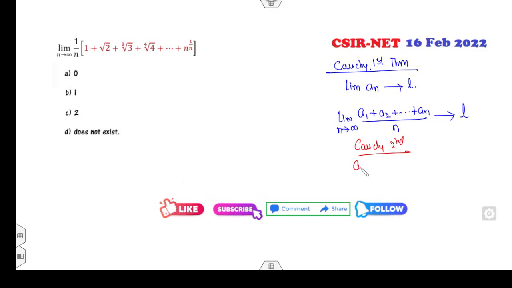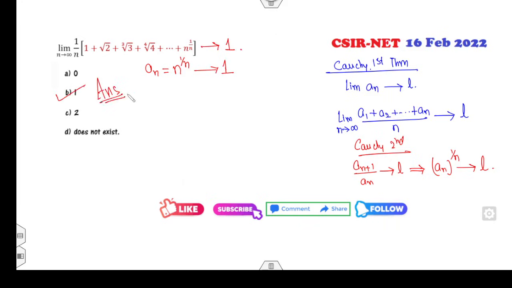If a n plus 1 over a n goes to L, that implies a n raised to power 1 over n goes to L. So what is the a n? I can choose a n is 1 over n. And what is the limit as n approaches infinity? This is 1. So based on the Cauchy first theorem, this also approaches 1, which is the right answer.